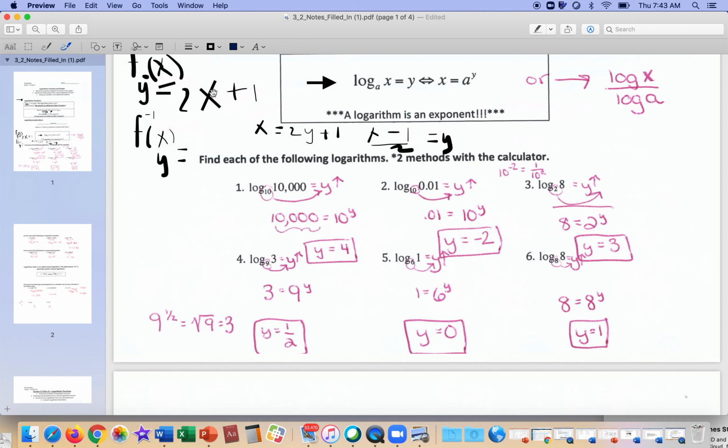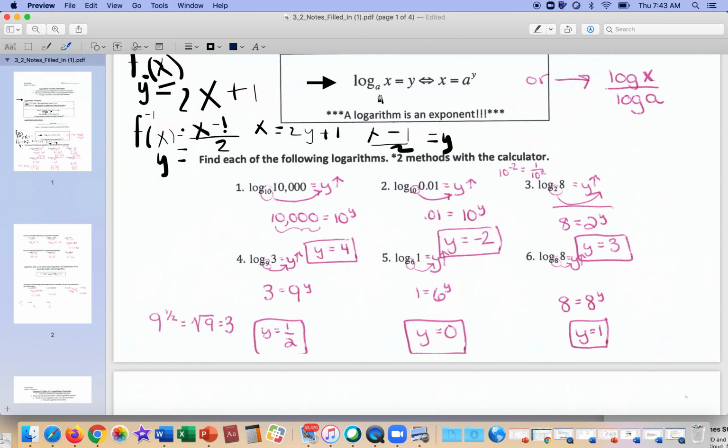So that's the inverse. If 2x plus 1 is the original, x minus 1 over 2 would be the inverse equation.